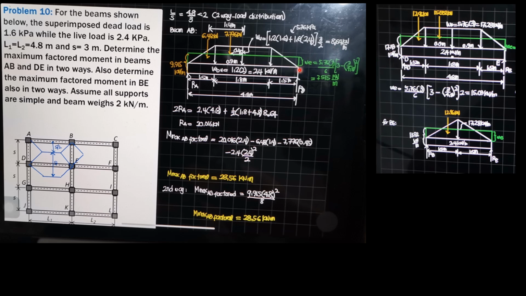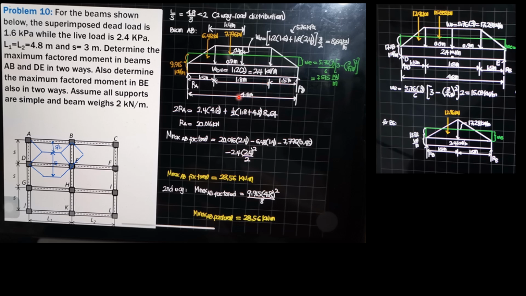So we then evaluate the reactions to compute for the moment at the center, where the maximum moment occurs at the center. So summation of vertical forces equals 0. By symmetry, RA equals RB. So 2 times RA equals the area of this rectangle, 2.4 times 4.8, plus the area of the trapezoid. So of course this is S over 2, 1.5, 1.5.